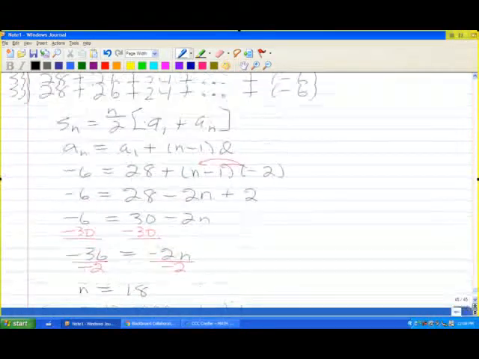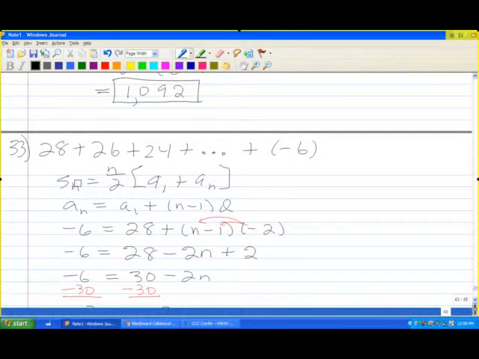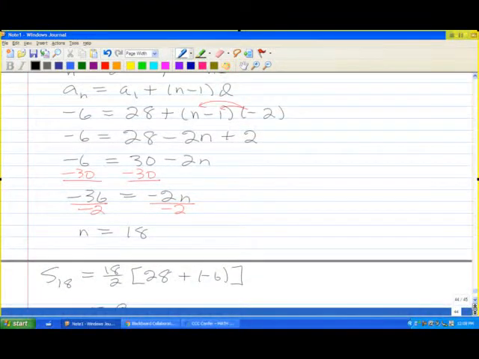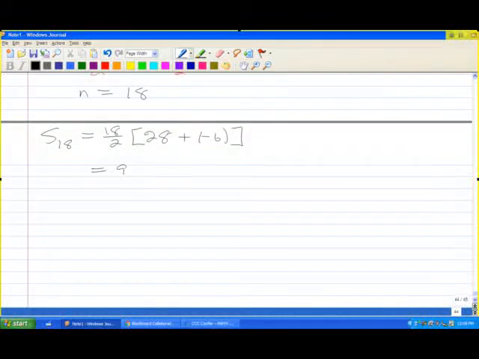And so my notation to find the sum of the first n terms, in this case 18 terms, I just use the notation. That notation just means find the sum of those terms, the first 18 terms. 28 minus 6 is 22.